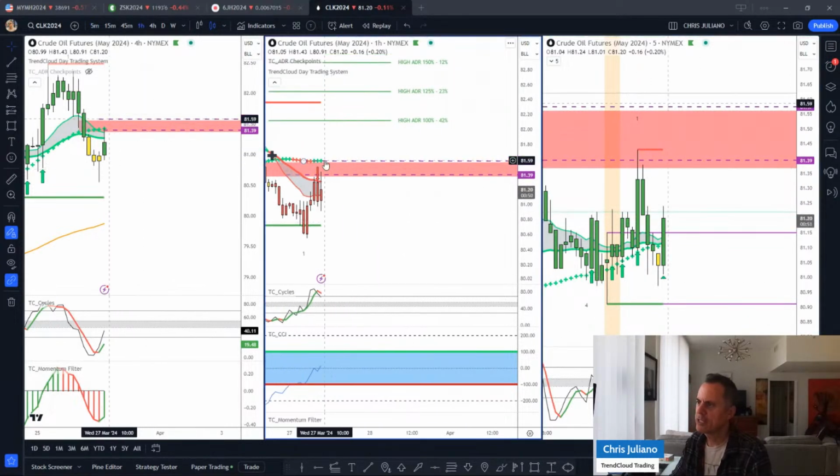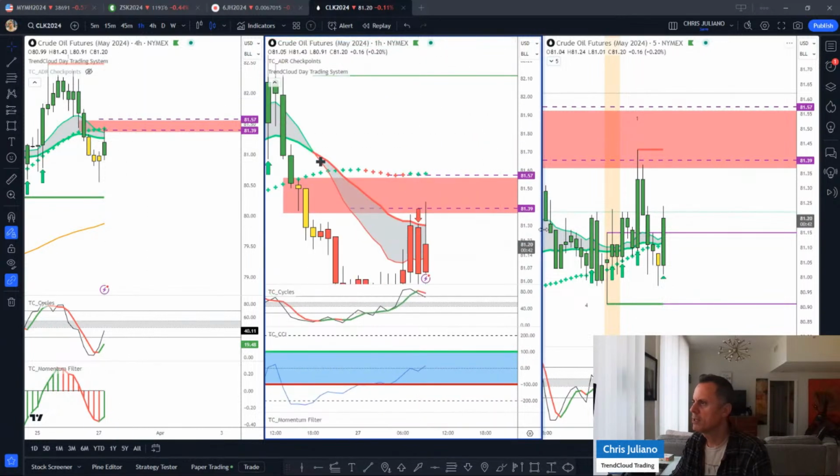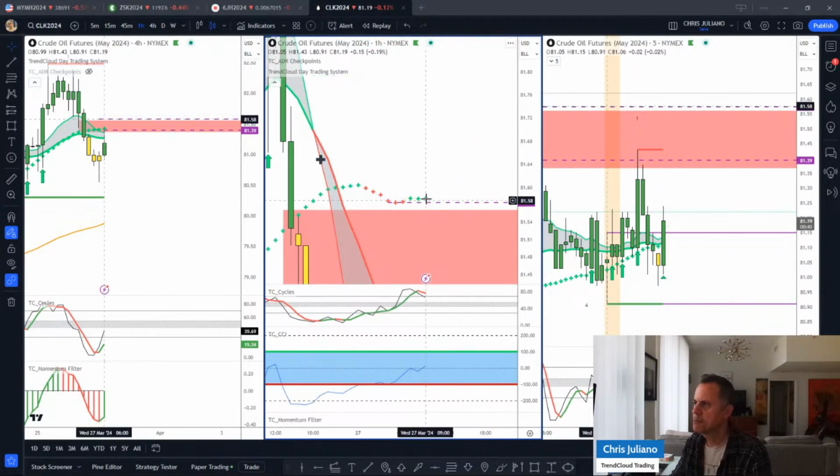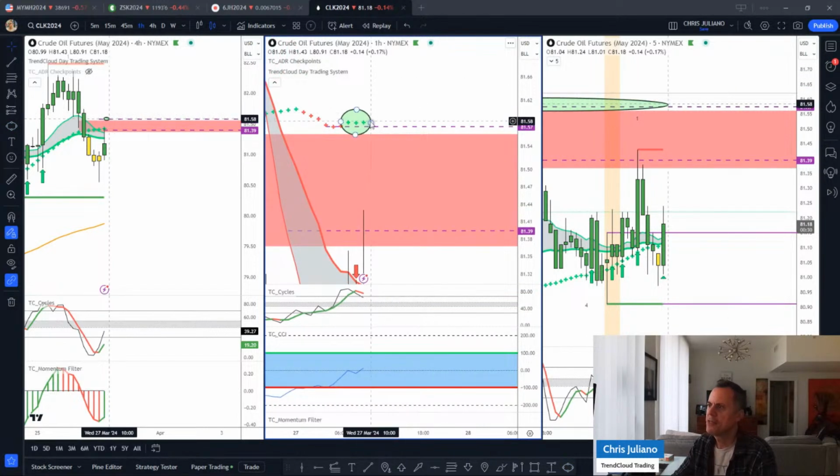Here you go. TrendCloud is telling us where that 50 simple is. Let's make it big. That 50 simple right here is turning green again. Got to be careful of that. That is a warning signal.